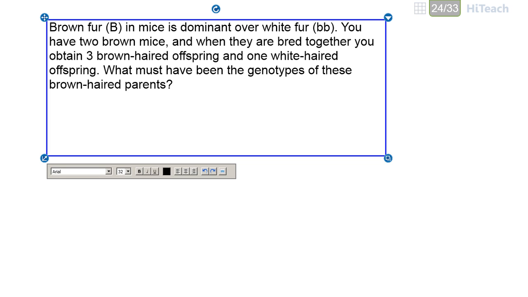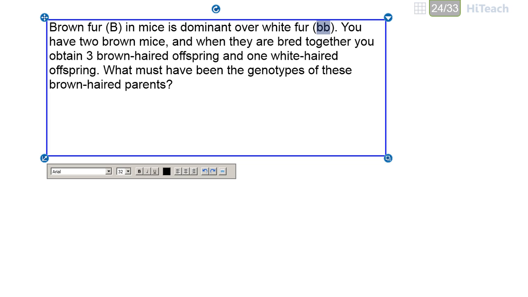Once you see a capital, it means it's dominant. Brown fur in mice is dominant over white fur, which is small b small b, because the two alleles should be present from both parents. That's why they put it like this, small b.